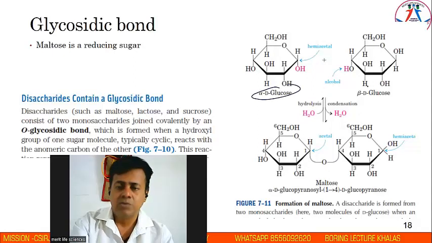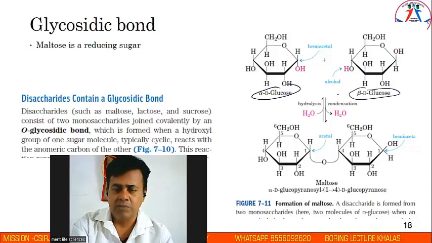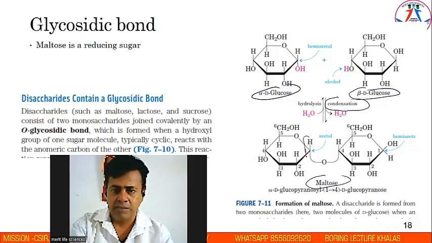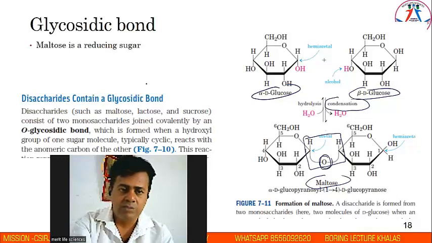Joining of two monosaccharide units, for example, alpha D glucose and beta D glucose. They combine after condensation, forming this maltose structure, and the bond in between these two monosaccharides is called the glycosidic bond, often represented by a symbol like this.